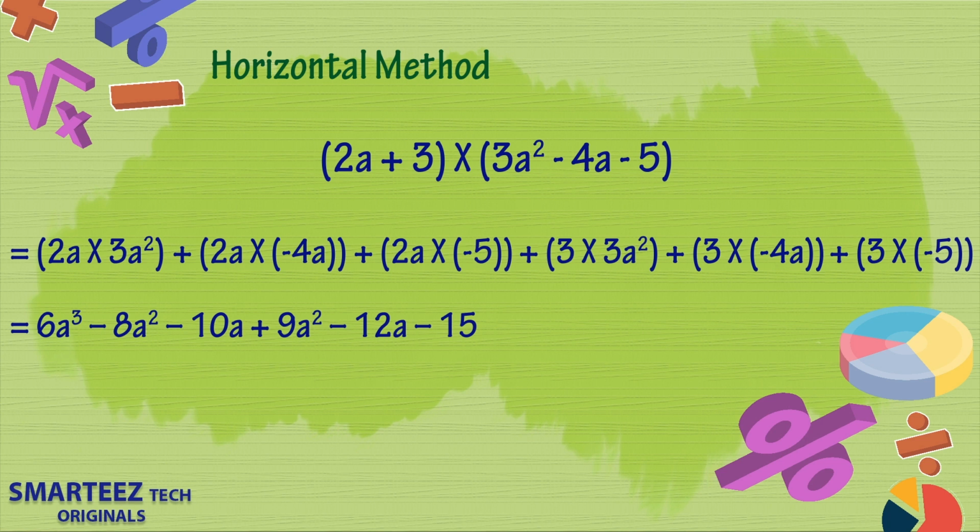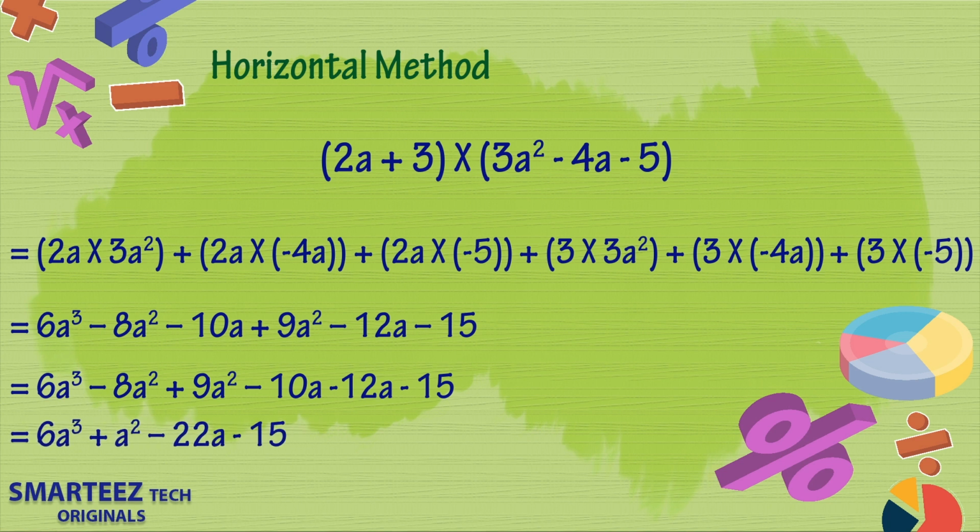Writing the like terms together, we get 6a cubed minus 8a squared plus 9a squared minus 10a minus 12a minus 15. Simplifying, we get 6a cubed plus a squared minus 22a minus 15.